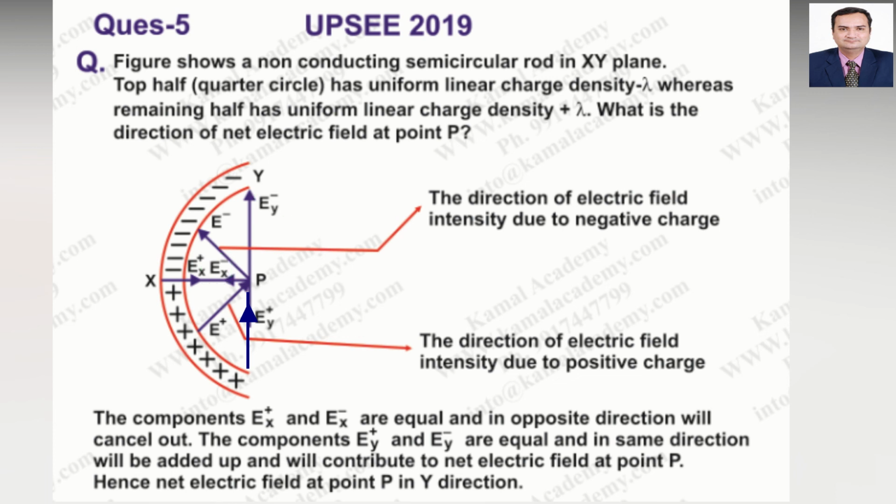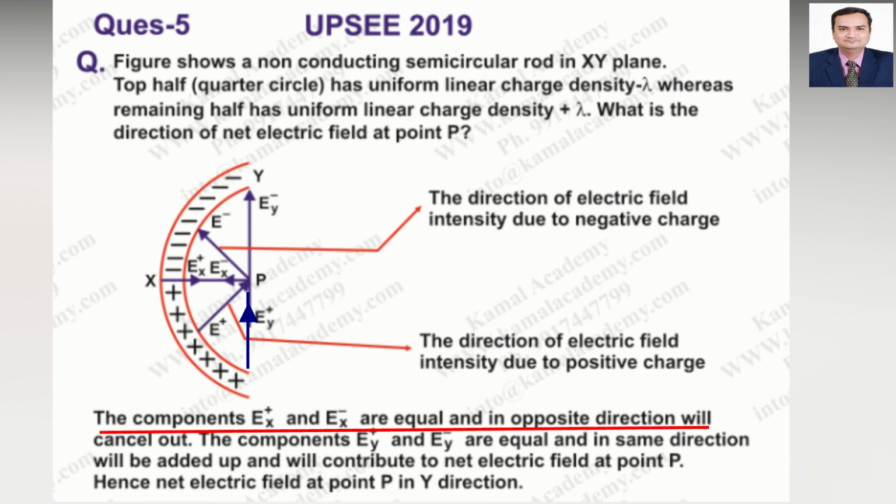Since the linear charge density of the two oppositely charged quarter circles are equal, hence the magnitude of electric field intensity at point P due to positively charged quarter circle E plus will be equal to the magnitude of electric field intensity at point P due to negatively charged quarter circle E minus.